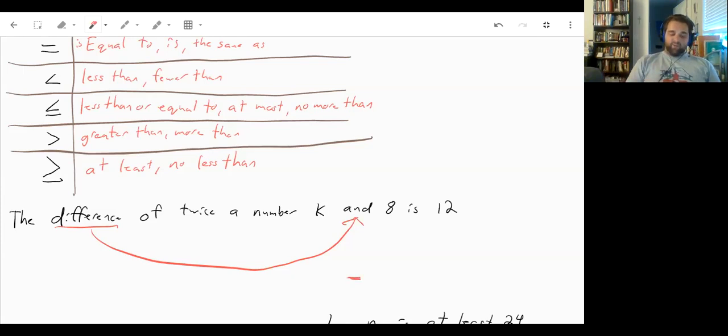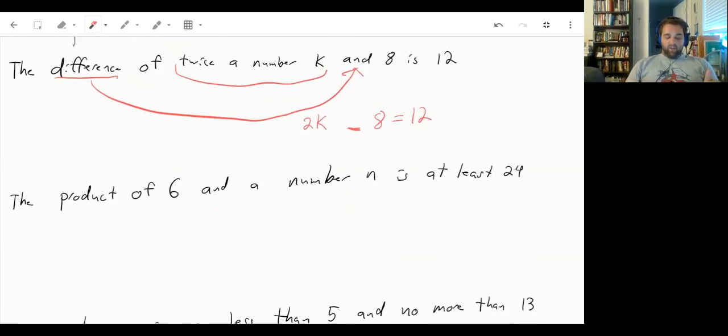And the stuff before the subtraction is twice a number k. Well, twice a number k just means 2 times k, or we can just write that as 2k minus 8. Is means equals 12. So that would be our equation: 2k minus 8 equals 12.